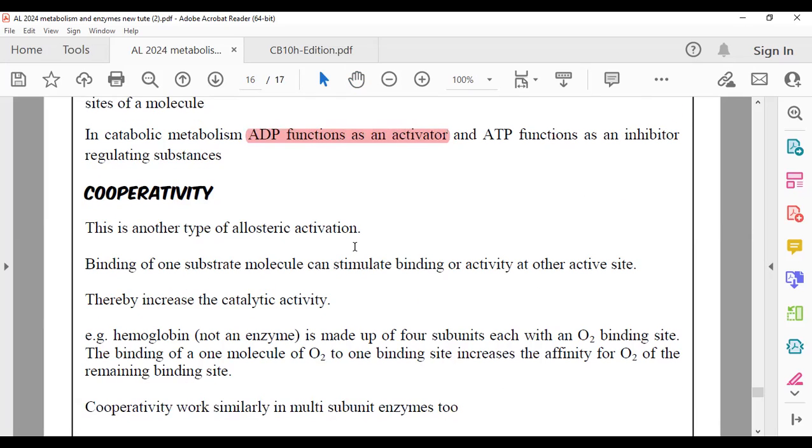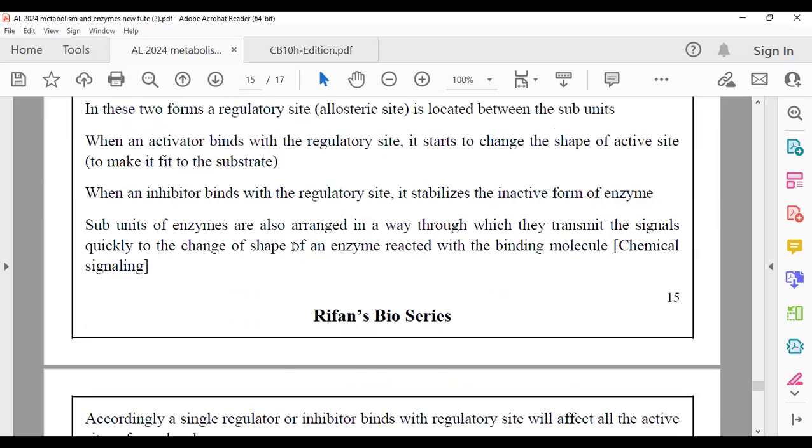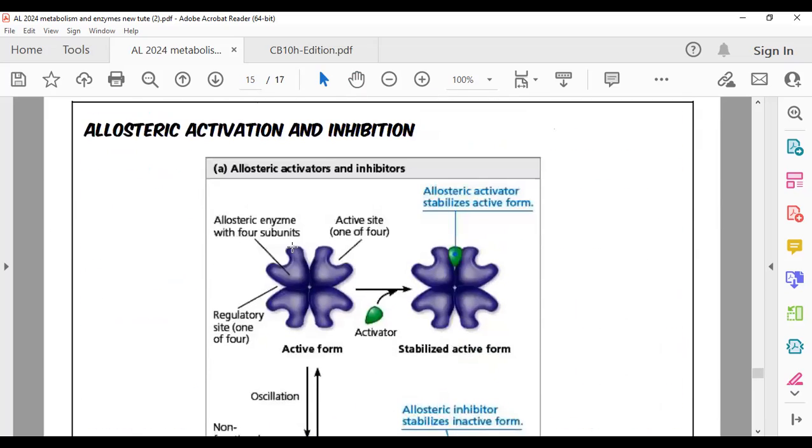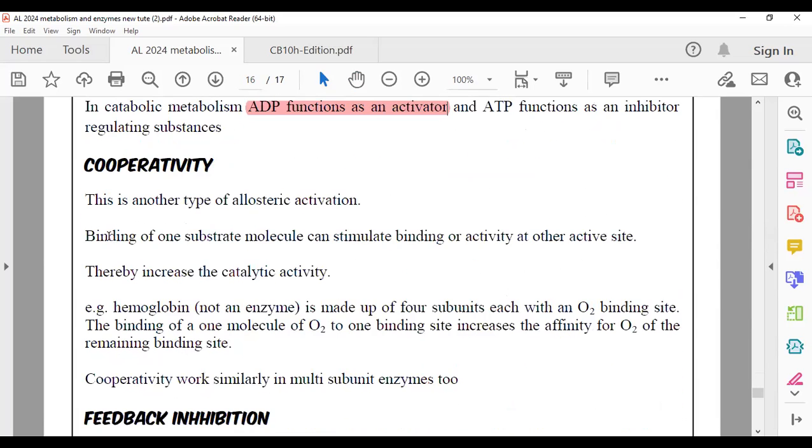Are you clear? Good. That is one story. With that story, allosteric activation and inhibition is over. This is another regulatory mechanism. Here it is a very, very special mechanism.